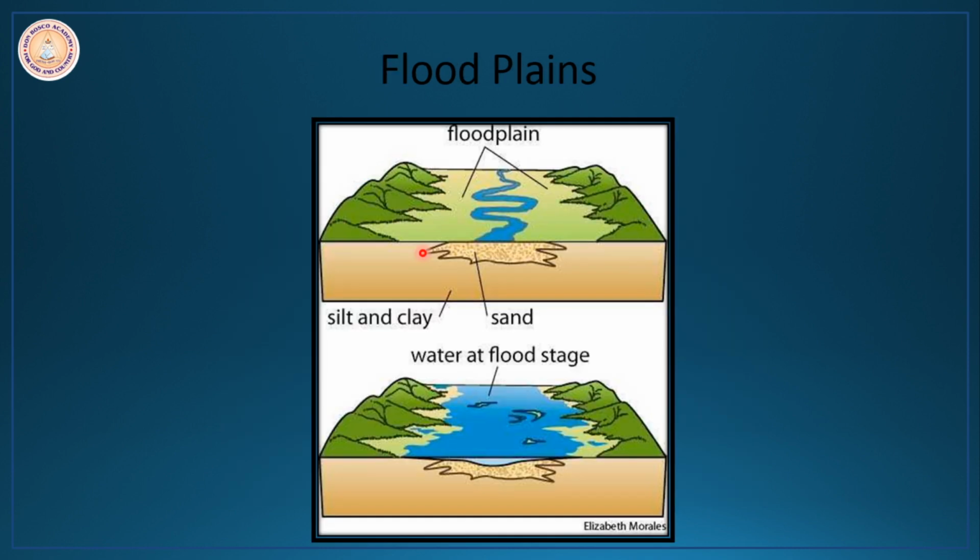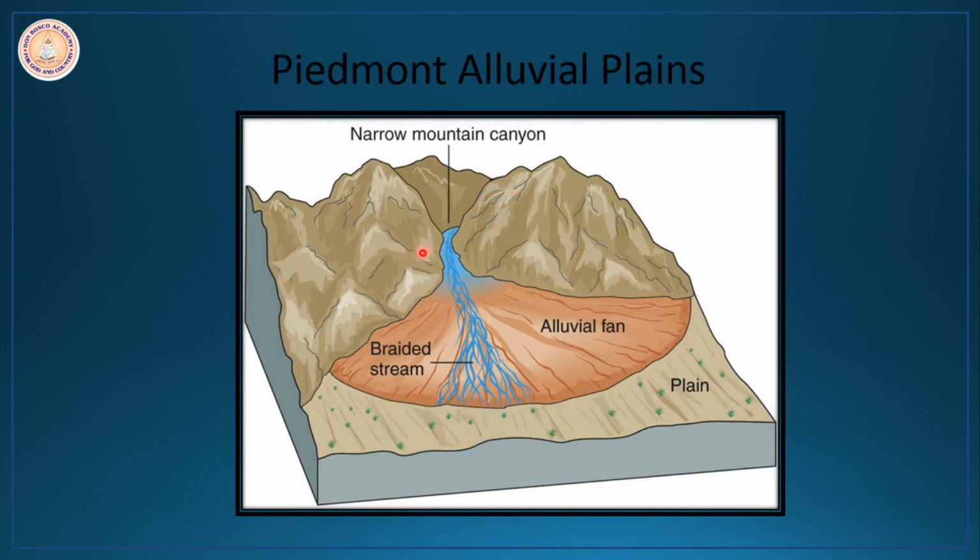Now let's study about Piedmont alluvial plains. Now as the river leaves the mountain and enters a plain area, the slope of the land suddenly changes from a steep to a gentle area. The slope becomes suddenly very gentle.